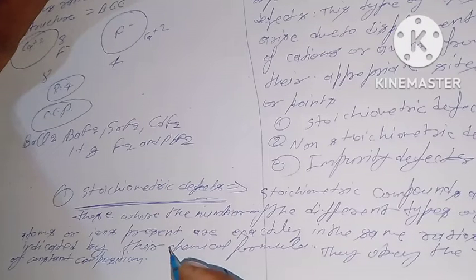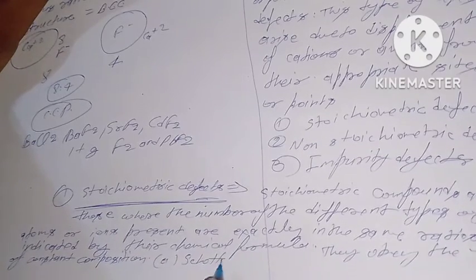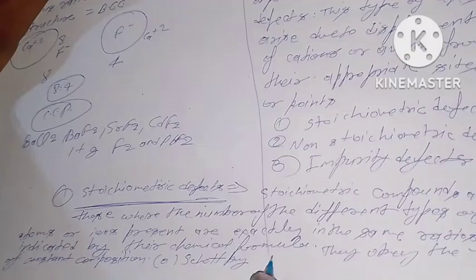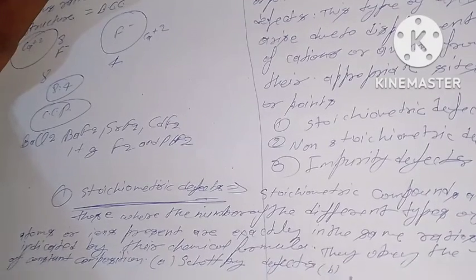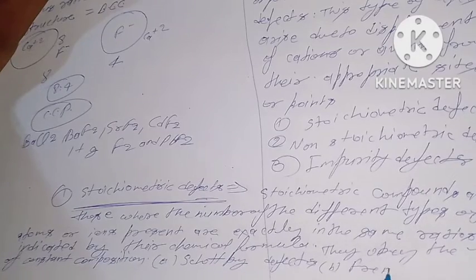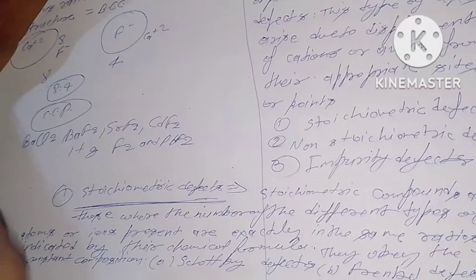Two types of defect may be observed in stoichiometric defects. First is Schottky defects, and second is Frenkel defects.